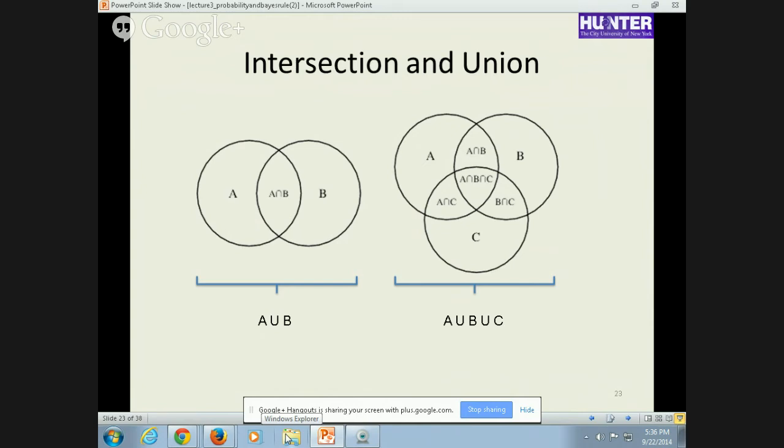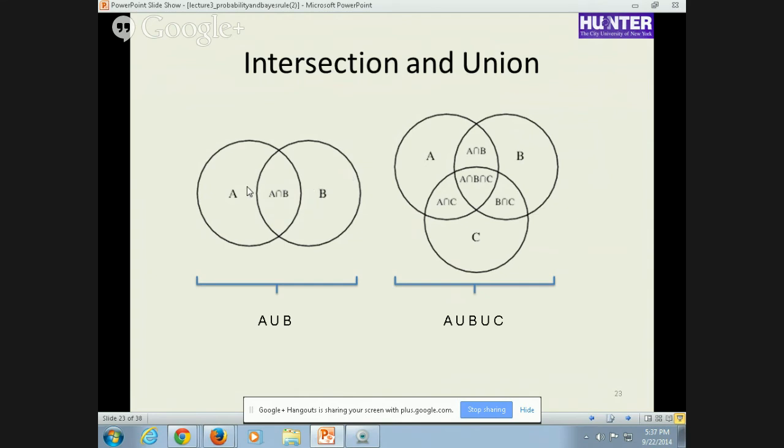These are called Venn diagrams, which are often useful in understanding probabilities and the overlap between them. So A and B here, we draw the intersection of them in the middle. This circle is the space in which A has occurred, and this circle is the space in which B has occurred.